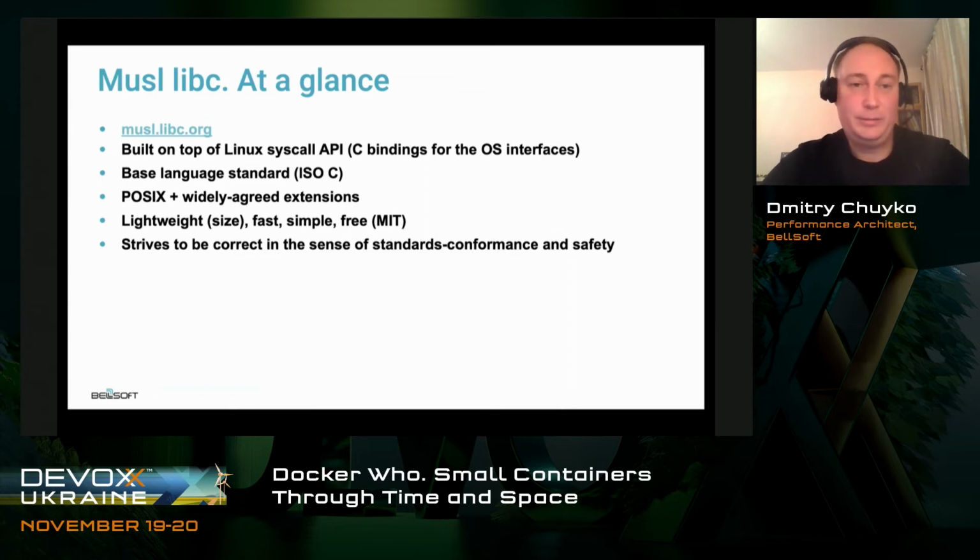And that's what musl does. It tries as much as it can to just wrap the standard kernel calls, wrap syscalls, to provide standard functions. It also implements some widely agreed extensions, but not some extensions provided by glibc. It is small.